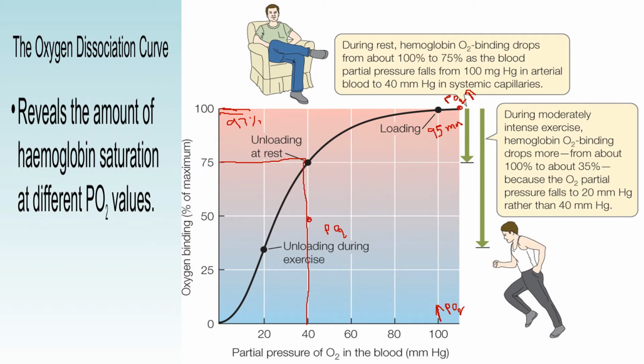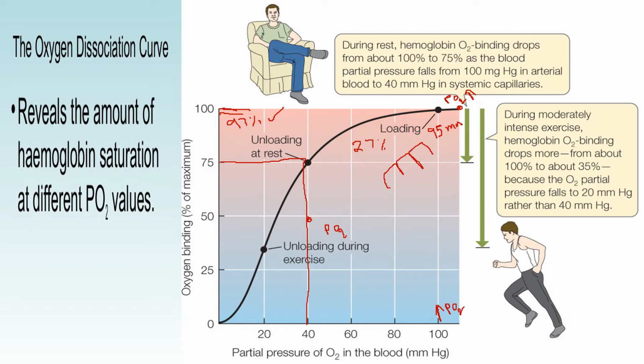So out of the total 97% in the systemic artery, 75% is saturated at the cells or tissue. The difference is 27%, and this 27% is the oxygen which is being transported to the cells or tissues.